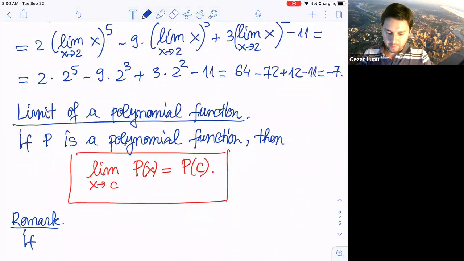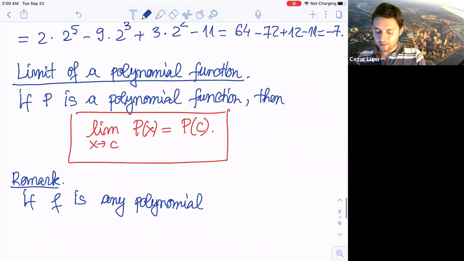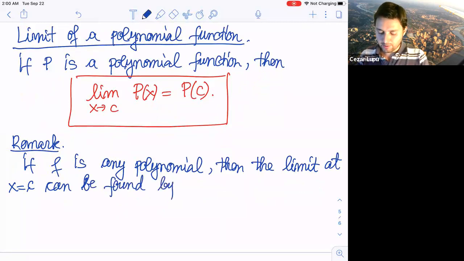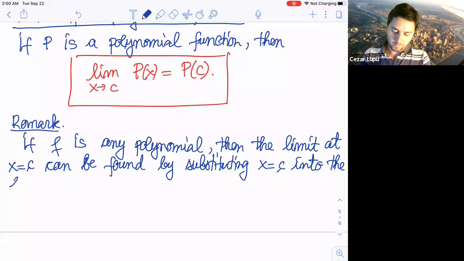If f is any polynomial, then the limit at x equals c can be found by substituting x equals c into the formula for f of x.